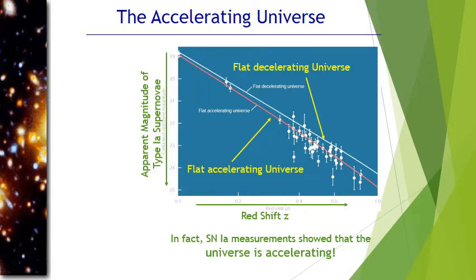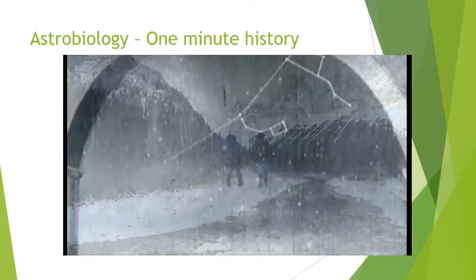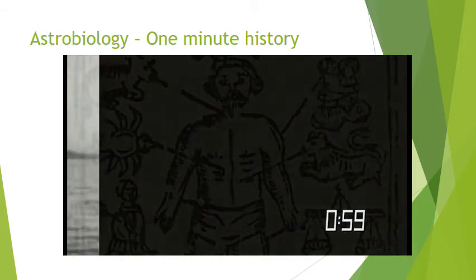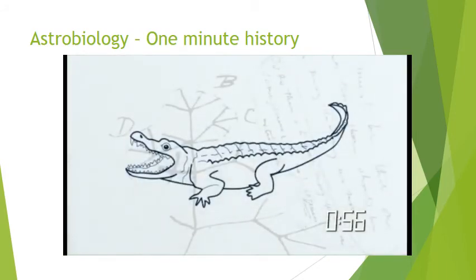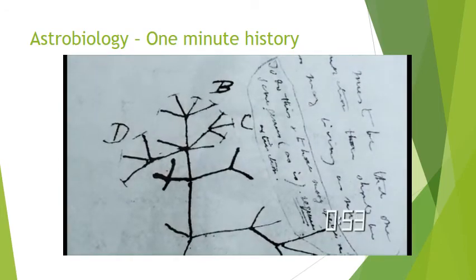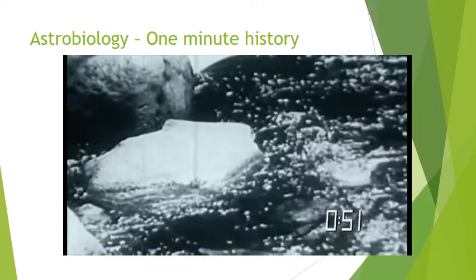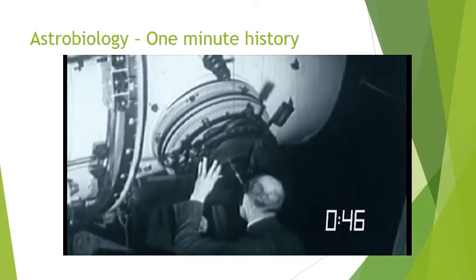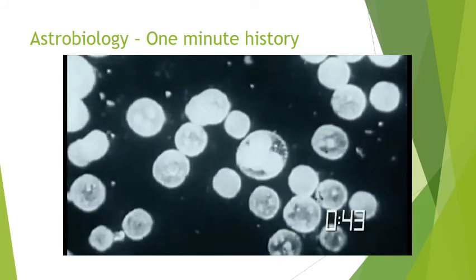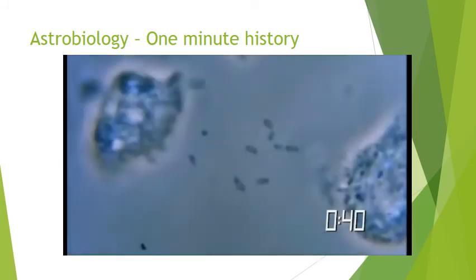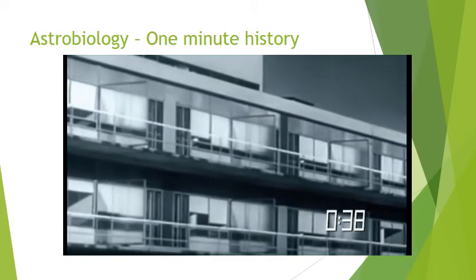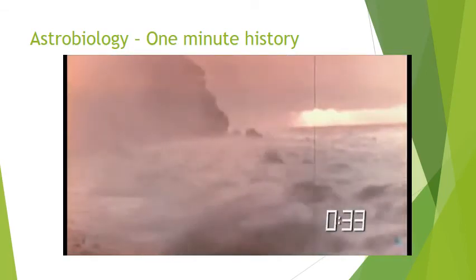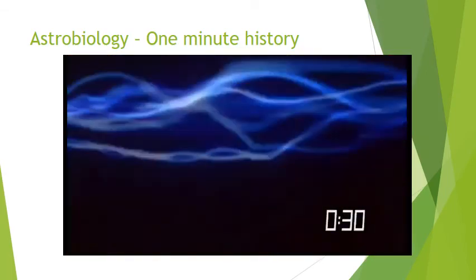Quickly, here is the 1-minute history of people who have studied the origin of life. Aristotle thought that life came from decaying matter, like crocodiles came from rotting logs. The theories continued with people like Charles Darwin, who proposed that life could have started in a warm little pool. But it wasn't until the late 1920s that scientific experiments actually began to break down how life, or even the building blocks of life, may have chemically formed from inorganic matter. In the early 1950s, the Miller-Urey experiment showed that some of the building blocks of life could be produced from what was then thought to be an early Earth-like atmosphere and a lightning strike.